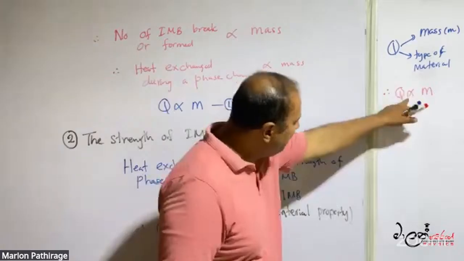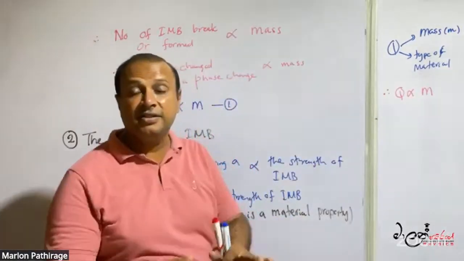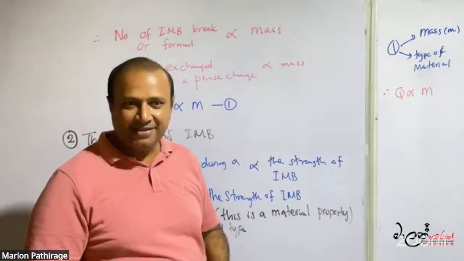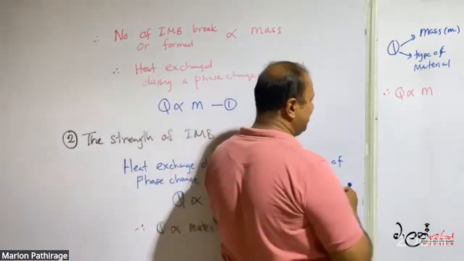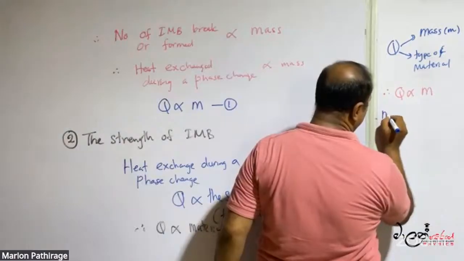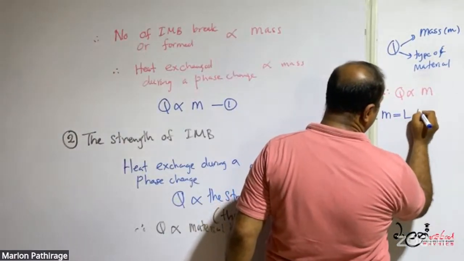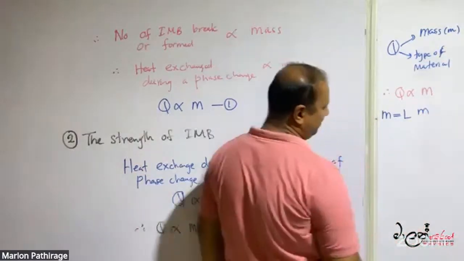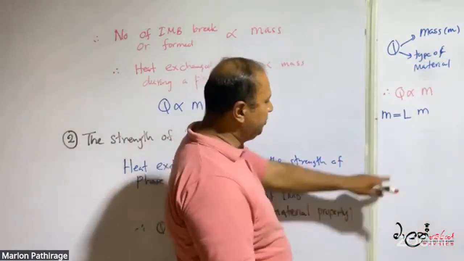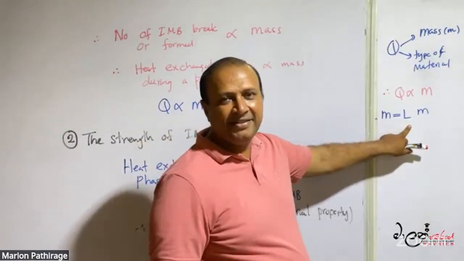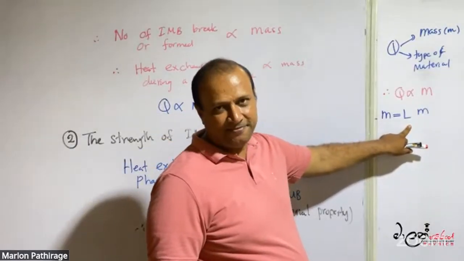So if I convert this relationship into an equation, there will be a constant. Definitely, this constant should represent the other factor.